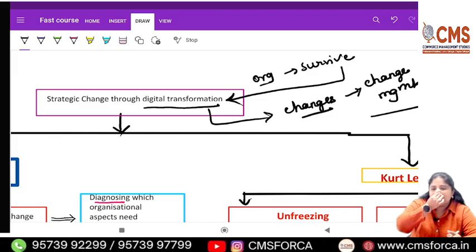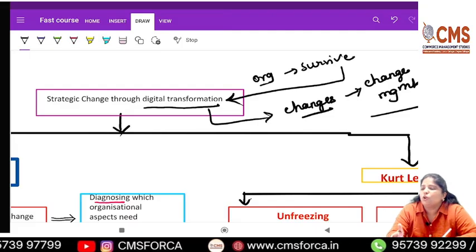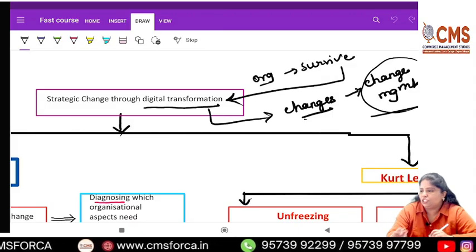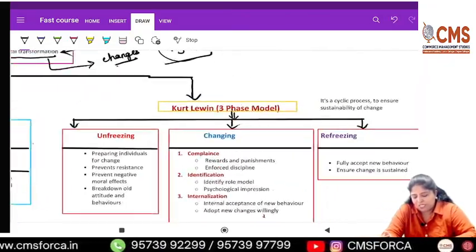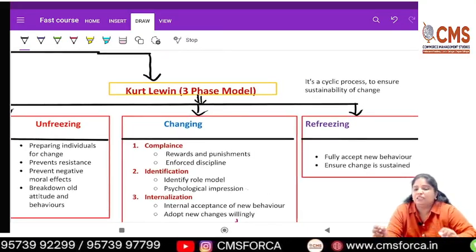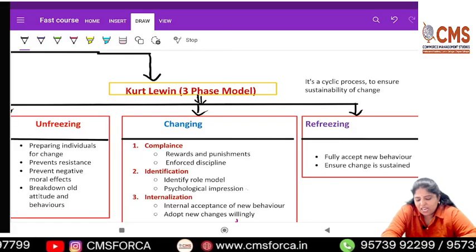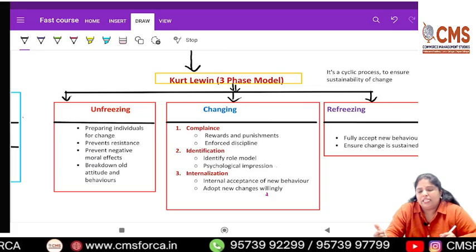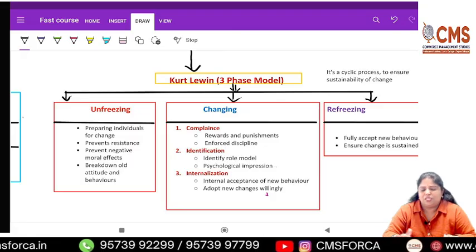So an organization requires digital transformation, digital transformation demands a lot of changes, and every change requires proper change management. One such change management model has been suggested by Kurt Lewin. Kurt Lewin has suggested a three-phase model for change management. What are the steps in this three-phase model? As you can see from the board, it's unfreezing, changing, and refreezing.